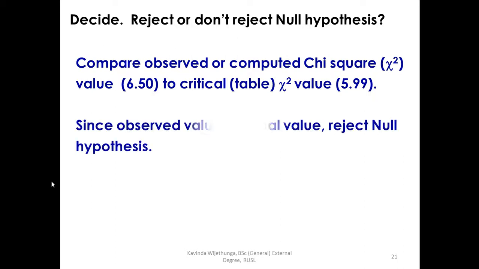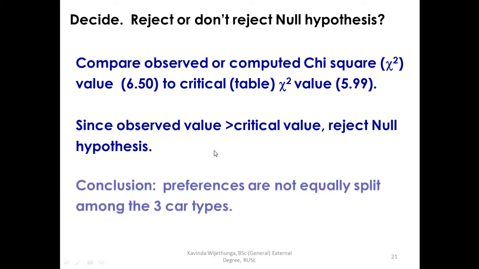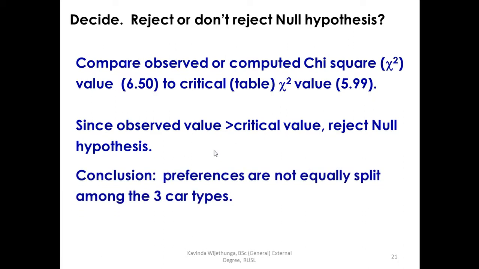Here our calculated value 6.5 is greater than the table value, so we reject the null hypothesis. The conclusion is that preferences are not equally split among 3 car types, meaning there is a significant difference between the observed and expected values. The conclusion writing is the same as in the previous lesson; only the calculations differ.